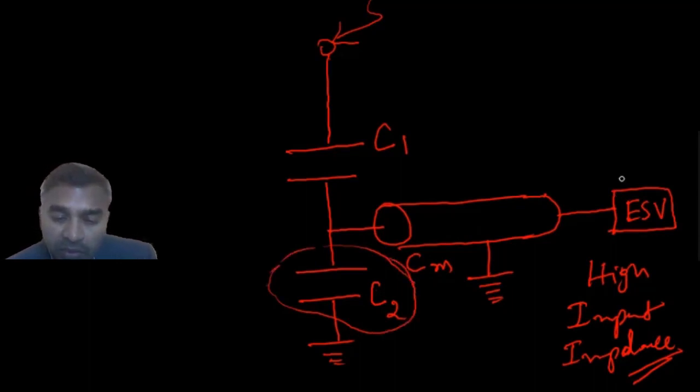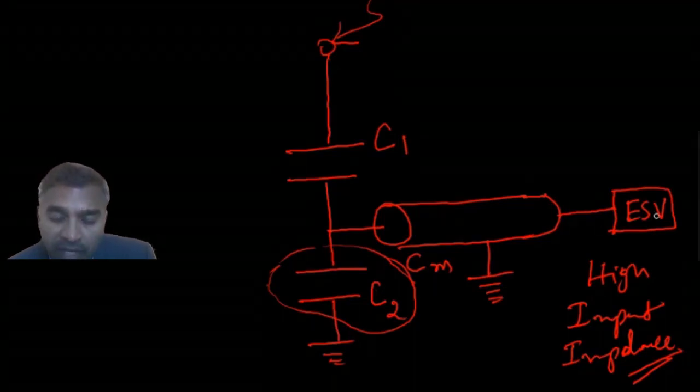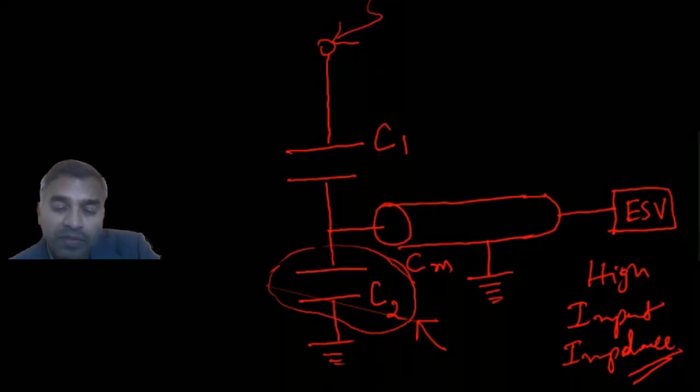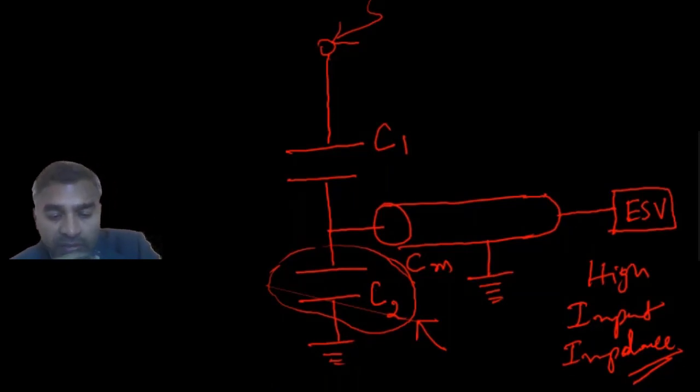So that's how an electrostatic voltmeter will have high input impedance. The electrostatic voltmeter being again a capacitor, with higher spacing meaning lesser capacitance, the loading effect will be minimum or negligible. Okay, so this is about voltage dividers, capacitive dividers.